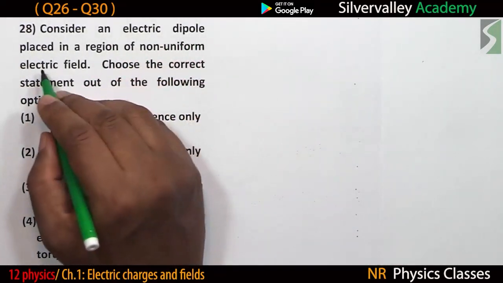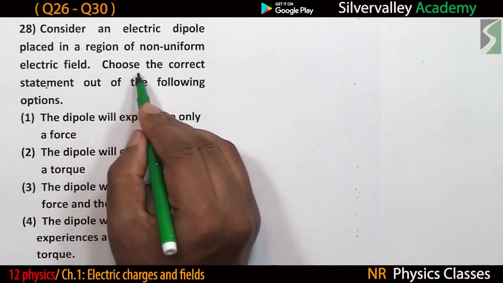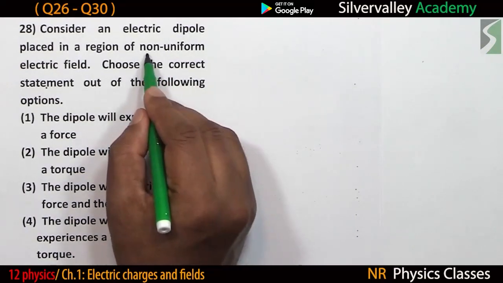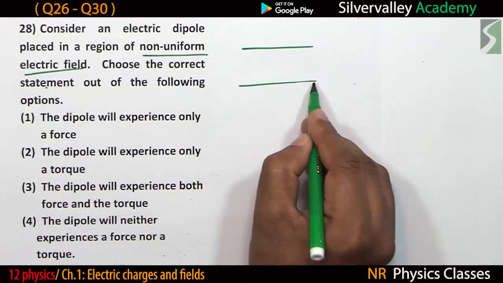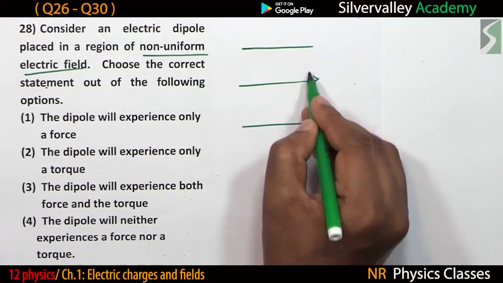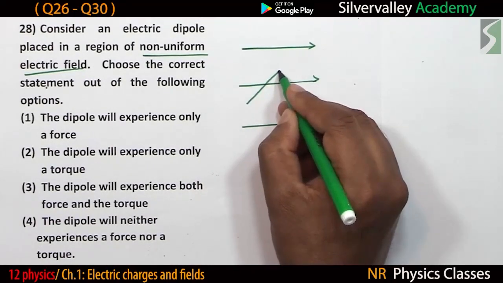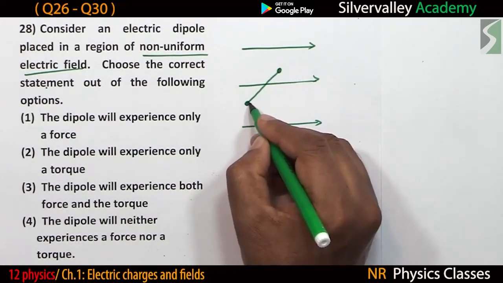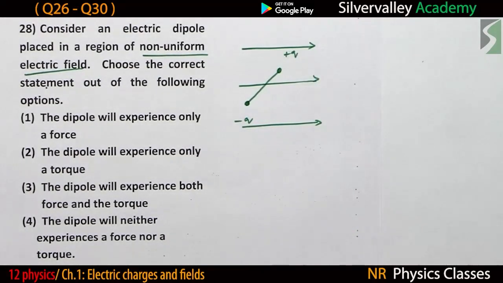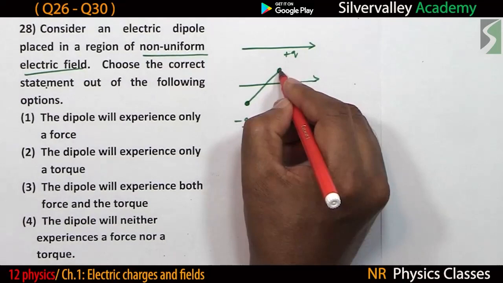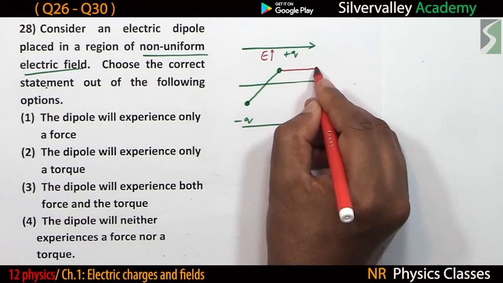Consider an electric dipole placed in a region of non-uniform electric field. Choose the correct statement out of the following. Non-uniform electric field. So if this is the electric field, non-uniform, this is the dipole, minus Q plus Q. If the electric field in this region is greater, then the force is also greater.